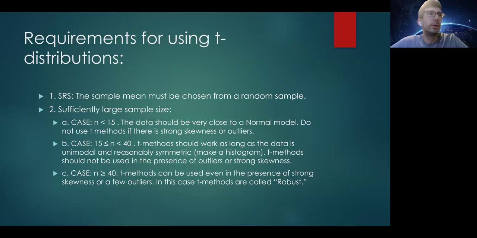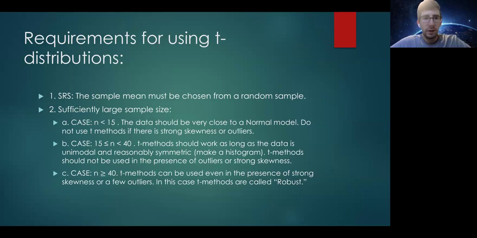So if you have a sample size of less than 15, then the data should be very close to a normal model. We can't use t-methods if there's strong skewness or outliers, right? If our data isn't unimodal, if it's not symmetric, and our sample size is less than 15, we can't use the t-distribution.